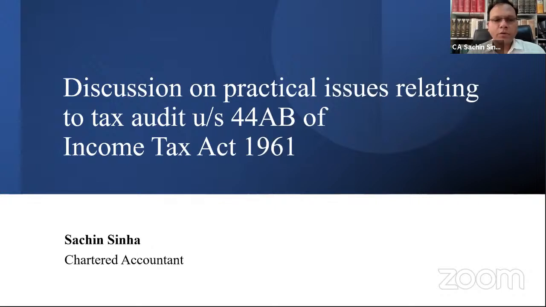I don't know what is the future now, but presently the limit is 10 crore. So we will discuss what are the situations when the audit will take place, what are the situations when the 10 crore is applicable. We will also discuss the issues of tax audit relating to 44AD, 44ADA, and other relevant provisions.